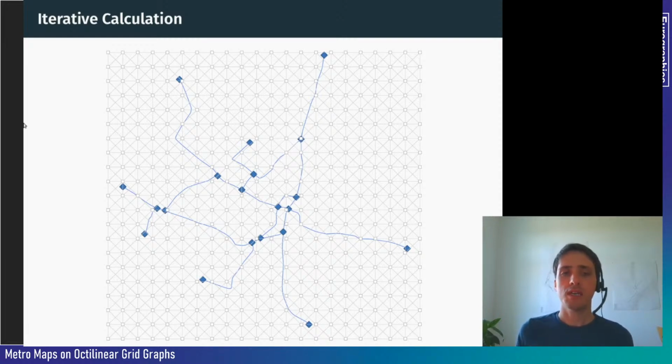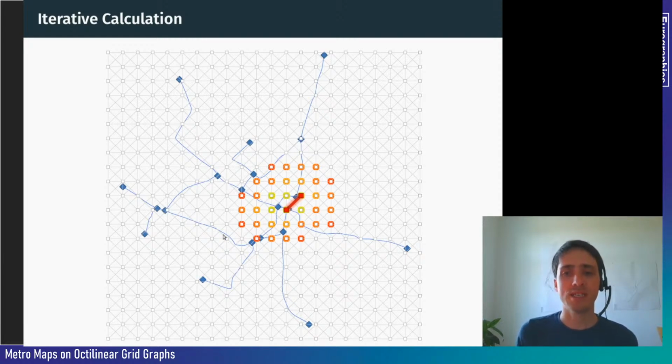And now we start routing the input edges. I won't go into details of how we choose the route ordering, but the general idea is that we choose the node with the highest number of adjacent lines first and work our way up from there. So we start at this central node here in the city center, and we just route its first adjacent edge. The highlighted nodes are the candidate nodes for the start and the end node of the edge, and their color depicts the move penalty assigned to them.